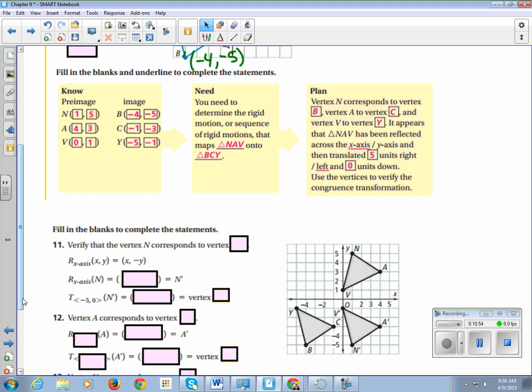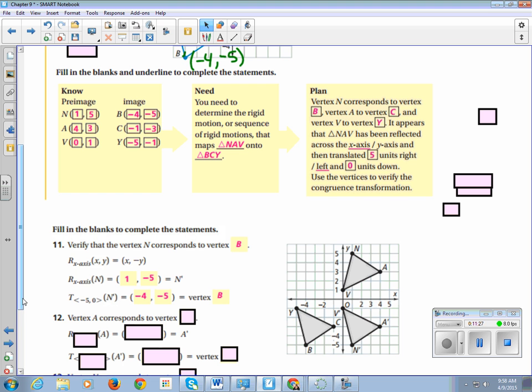So if we take coordinate N, 1, 5, we keep the x-coordinate the same and make the y-coordinate negative, just like in the formula. And then we translate it 5 units left, so I subtract 5 from 1. Then I get -4, -5, and that corresponds to vertex B.